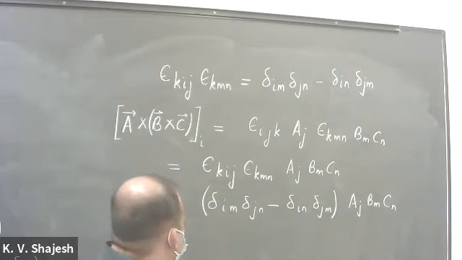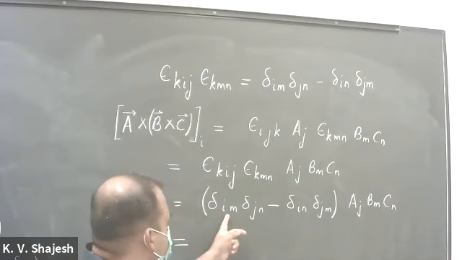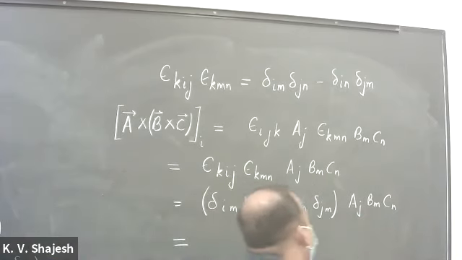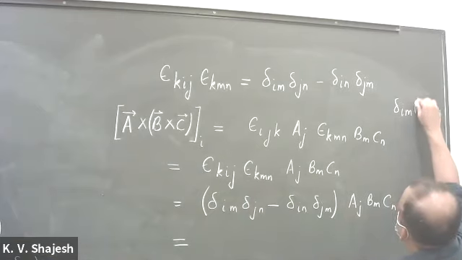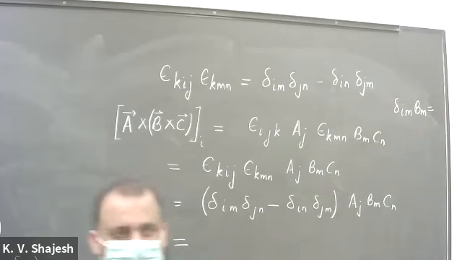Notice now I have a Kronecker delta. I am going with B_M. So what will delta IM B_M be equal to? What is that? Repeat.